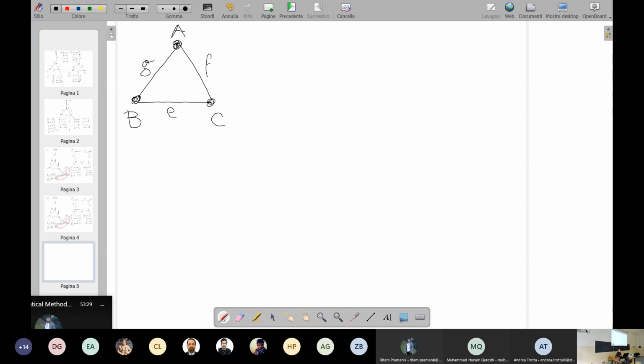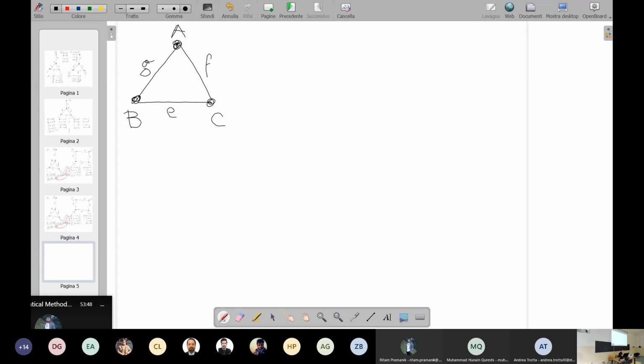All right, so now, a guess. How many different automorphisms can you have for this graph? What do you think? How many isomorphisms of the graph to itself?